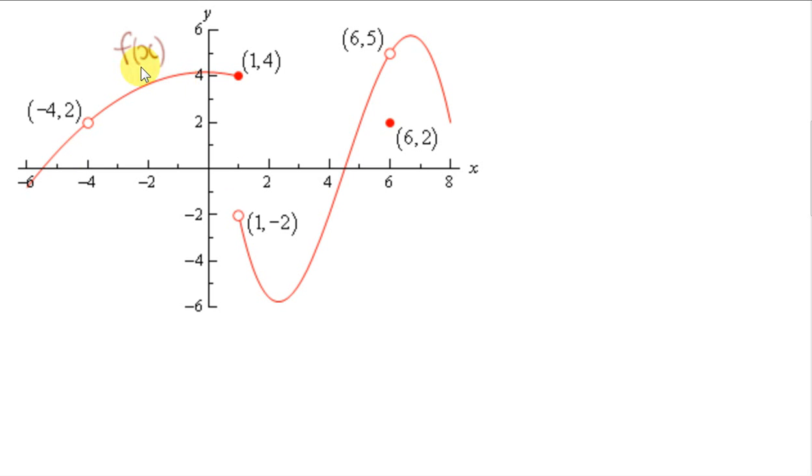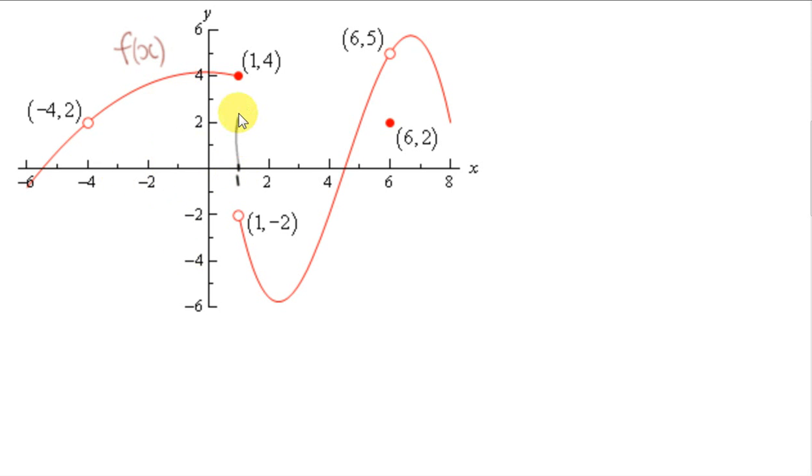Here we have a graph of the function f of x. Now this is a true function. For each value of x there is a unique value of the function. So for example, if x is minus 1, we have just one value. So we draw a vertical line through minus 1 and it cuts the graph at just one point. Let's consider f of 1.